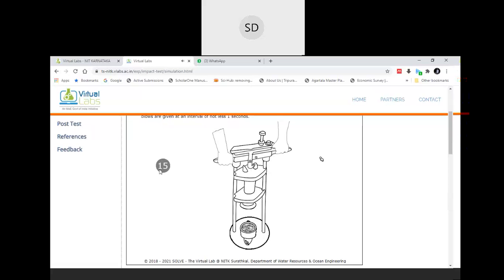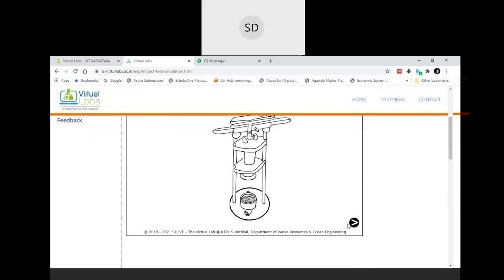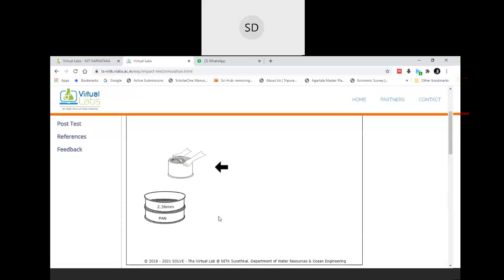So a total of 15 blows would be there. After completing this, you have to clamp this. Then again, you have to sieve this through a 2.36 mm IS sieve.